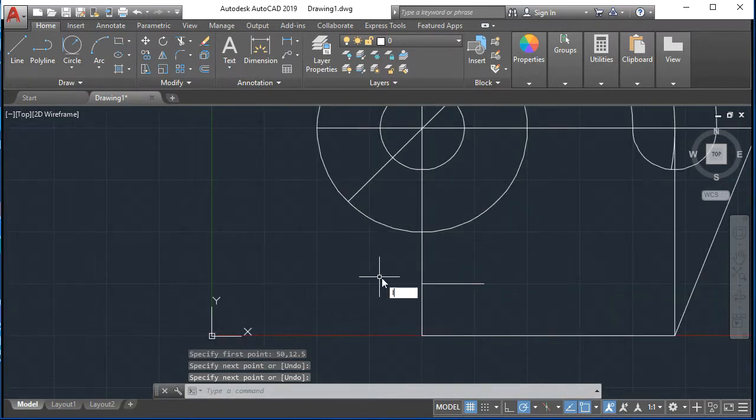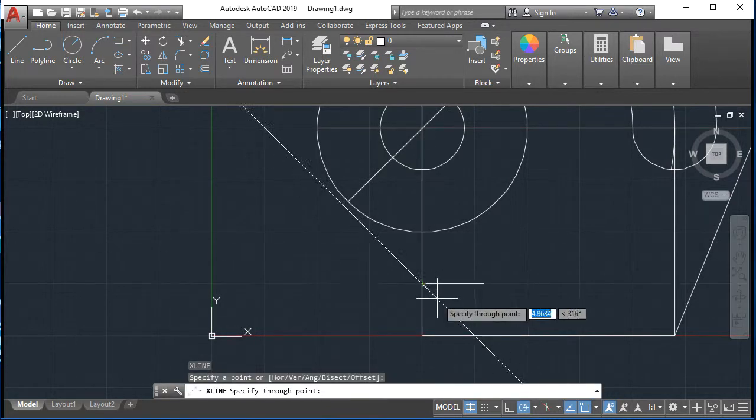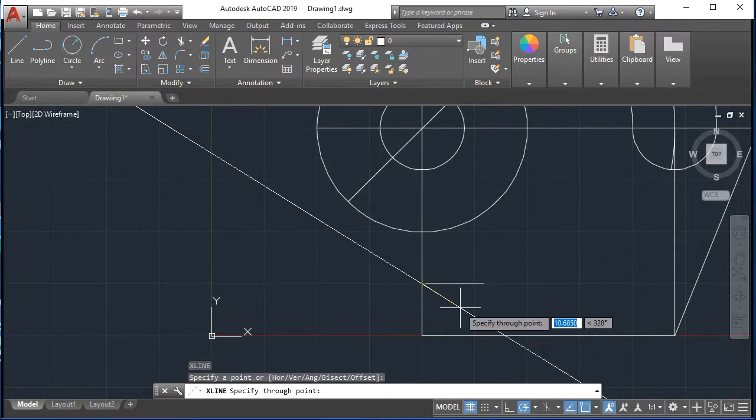Now again we are going to take a line tangential to this line. Instead of this we can also use an X line. X line, enter. This is the point at 135 degrees.